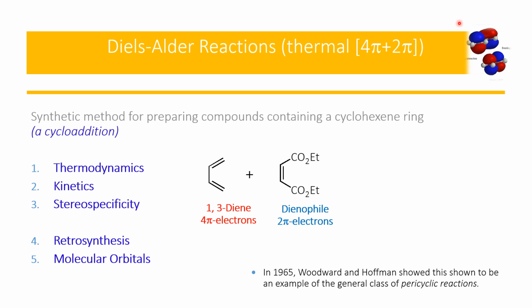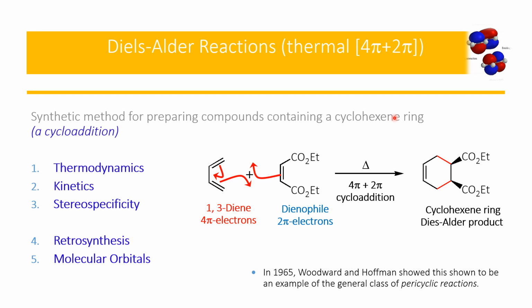This generates, via a pericyclic reaction, a cyclohexene ring. If it's not a cyclohexene ring, it's not Diels-Alder. This 4π + 2π cycloaddition is a thermal event, so we have this triangle to say, yes, it is thermal.